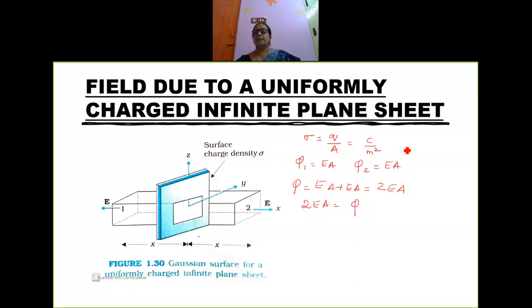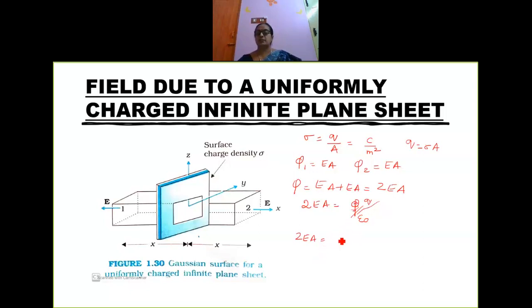Now here I can write Q is equal to sigma into A, right? So substitute. It is epsilon naught here. So 2EA equal to, here it should be Q, sorry, by mistake I wrote it wrongly.